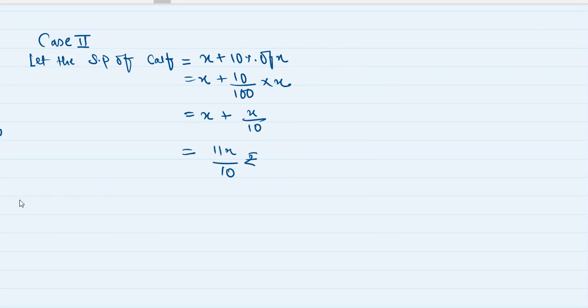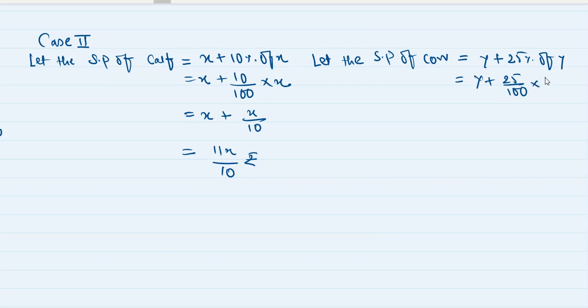Okay, and let the selling price of cow is equal to y plus 25% of y, that is the profit, right? Profit on selling the cow. Y plus 25 upon 100 multiplied by y, that is y plus y by 4, which is 4y plus y by 4, which is 5y by 4.